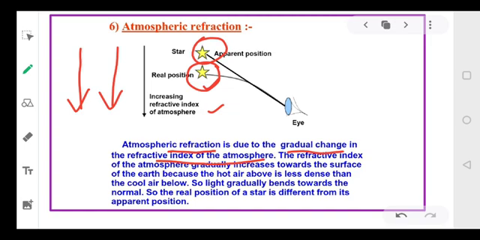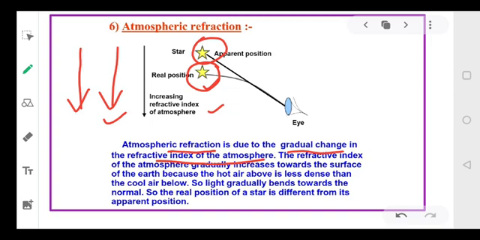Clear everyone? And as we know, the refractive index increases as we move towards the Earth. So we can say that the light is continuously moving from rarer into the denser medium. So at every point in the Earth's atmosphere, the light will be moving from rarer to denser medium.